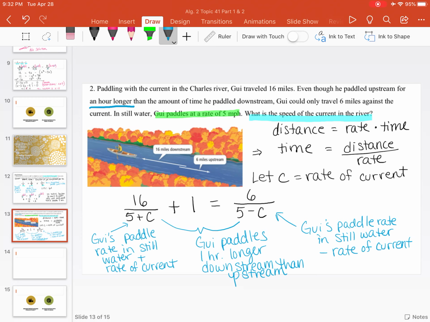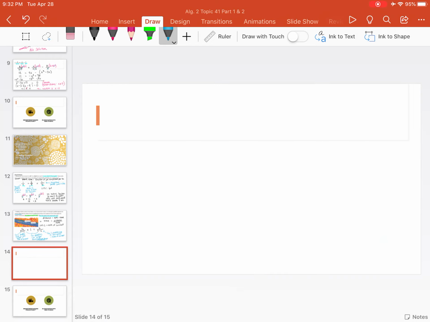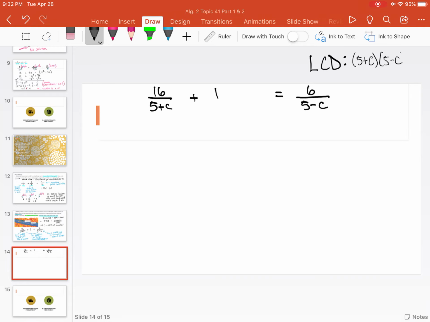I'm going to rewrite it on the next slide just for more space. So we have 16 over 5 plus c, plus 1, equals 6 over 5 minus c. So our least common denominator that we have here is 5 plus c and 5 minus c.